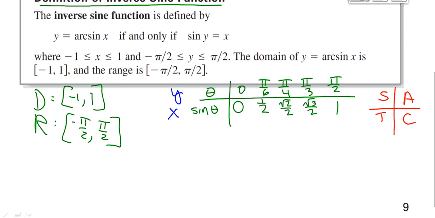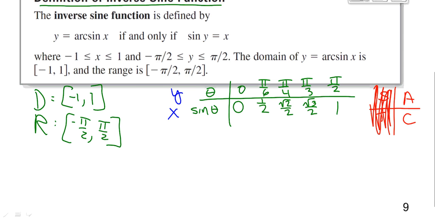Because this is defined with a range from negative pi over 2 to pi over 2, when we are doing the arc sine, we never use these two quadrants. We do not use these two quadrants later on, and when we add the rest, there's always just two quadrants that we're using, because remember, we're not allowed to have repeated values. We only get one value.